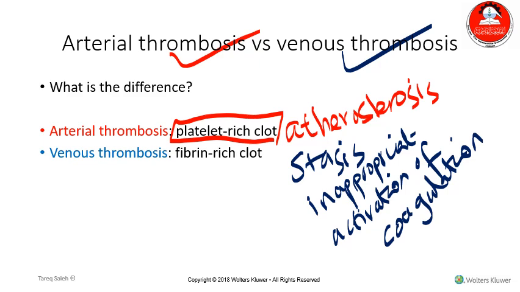Now, in comparison to the arterial thrombus that is platelet-rich, venous thrombosis typically involves a clot that is rich in fibrin, with fewer platelets than that observed with arterial clots. This is important because this will direct the pharmacological treatment of both conditions.